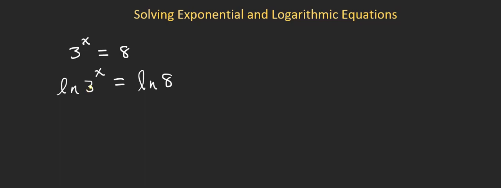Now remember the property of natural log, the power property. You could put x in front of natural log. And in order to solve for x, we need to divide both sides by natural log of 3.